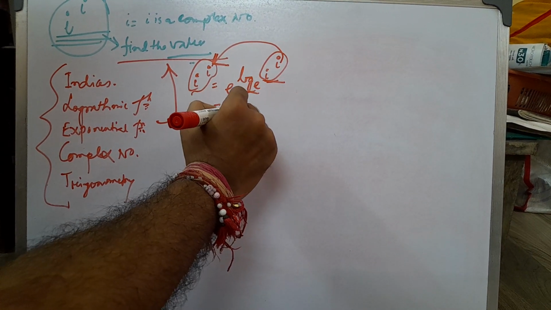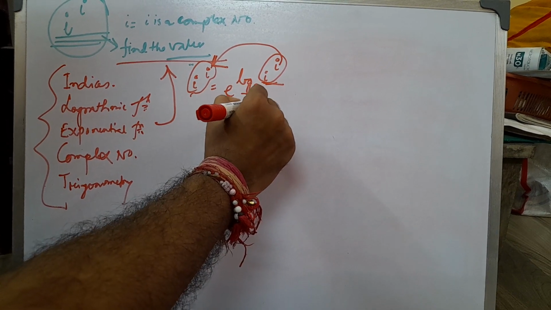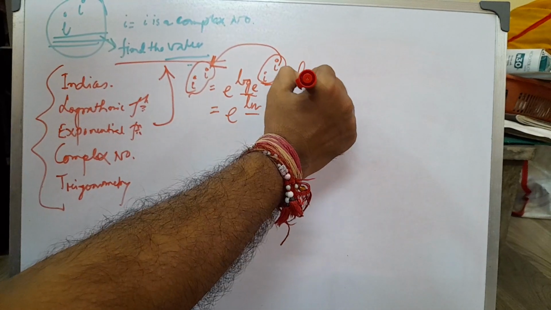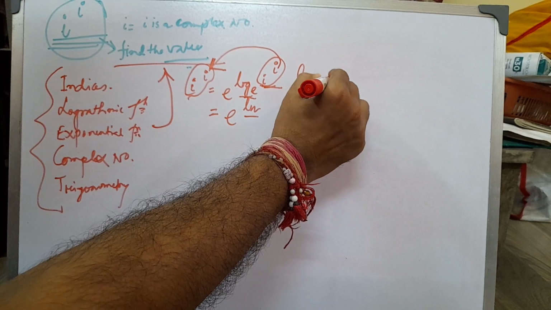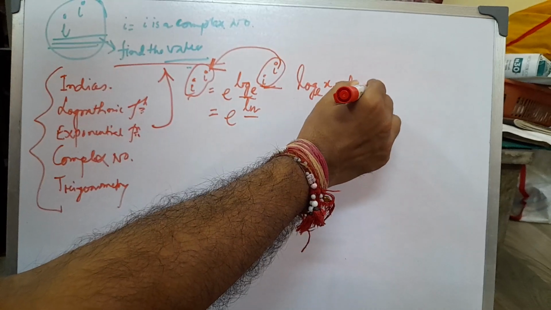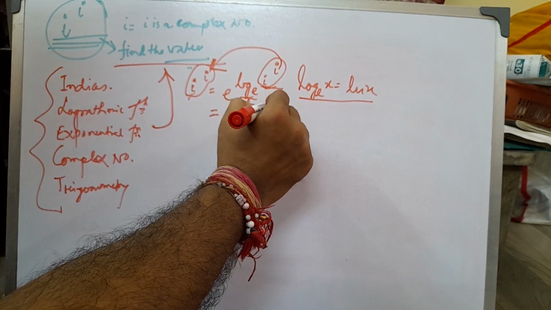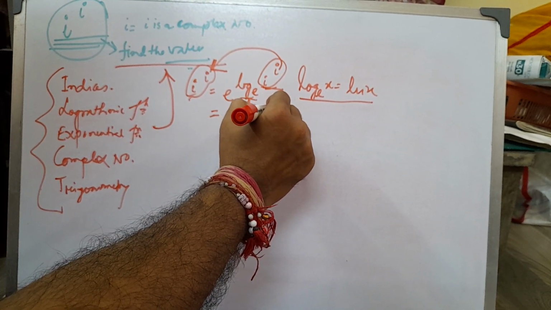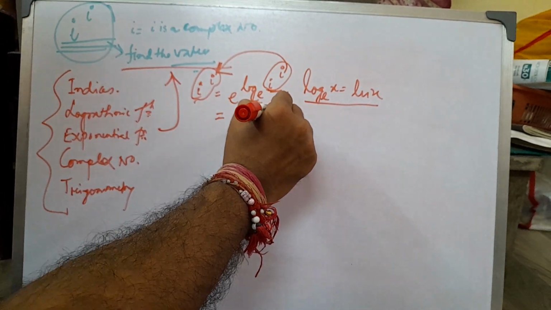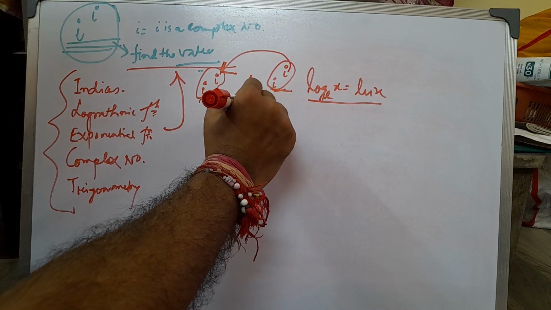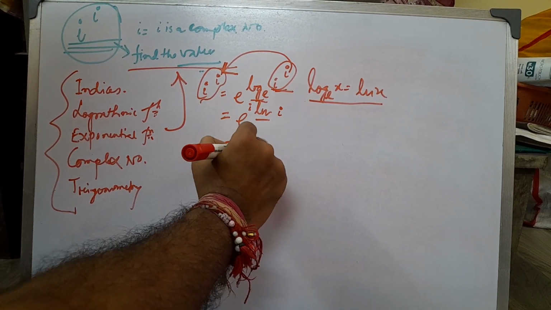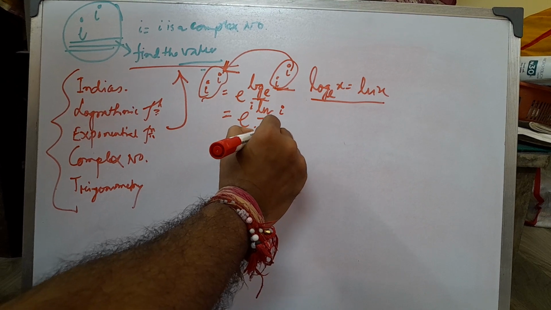That is e to the power ln, since log x is equal to ln x. So this becomes i ln i, and so e to the power i ln i.